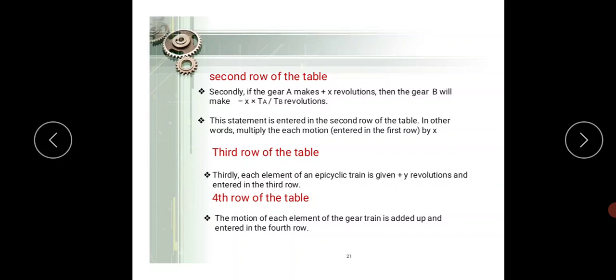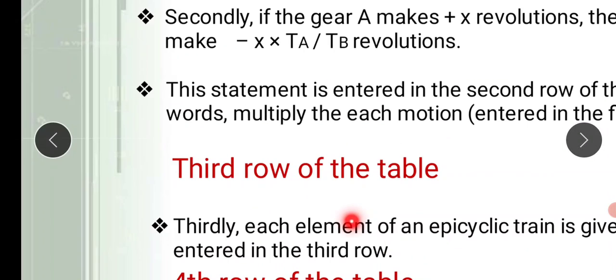Thirdly, each element of the epicyclic train is given Y revolutions, and these are entered in the third row. In the fourth row of the table, the motion of each element of the gear train is added and entered.